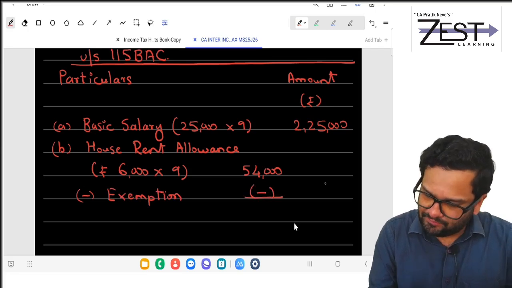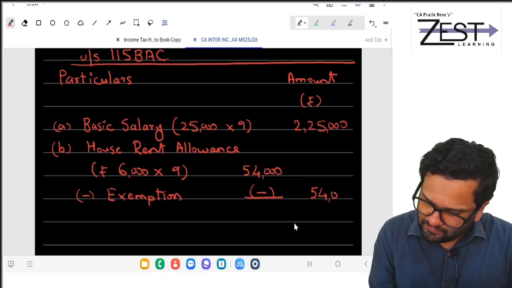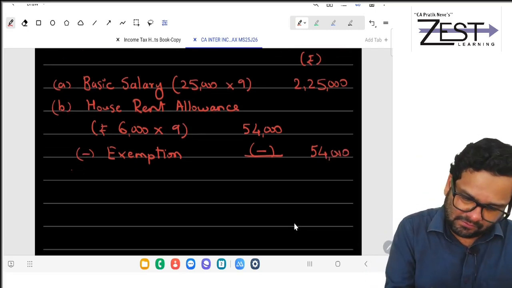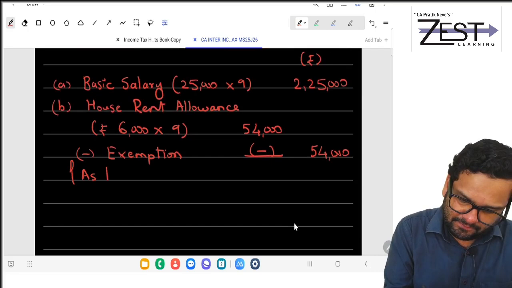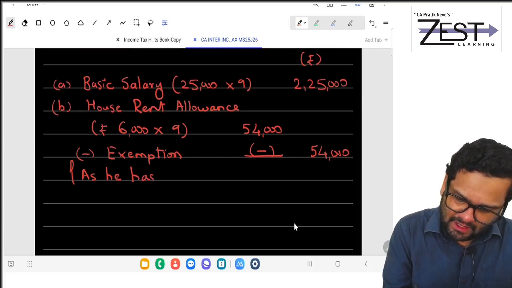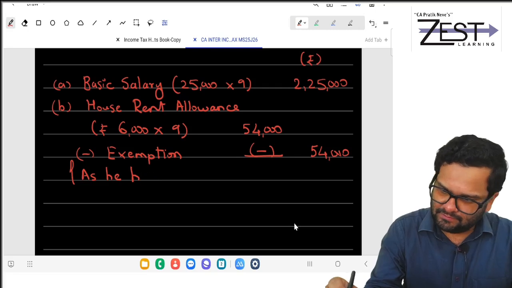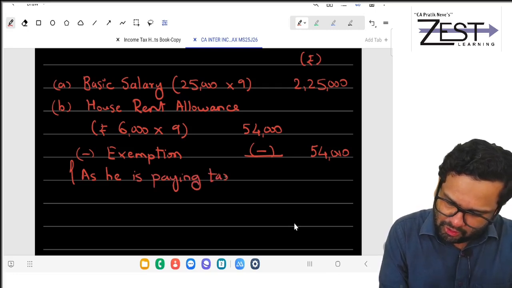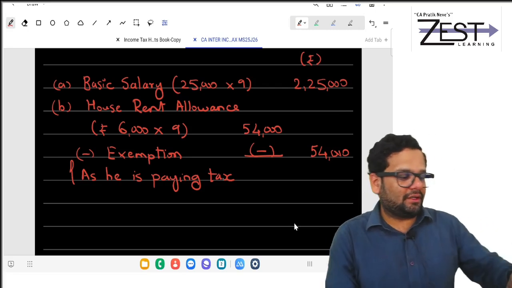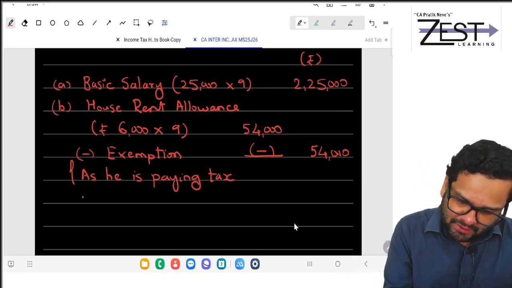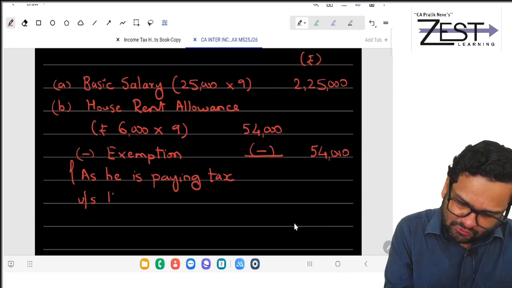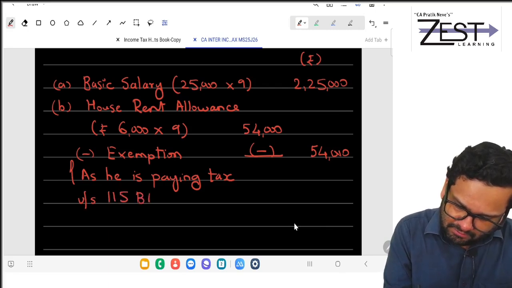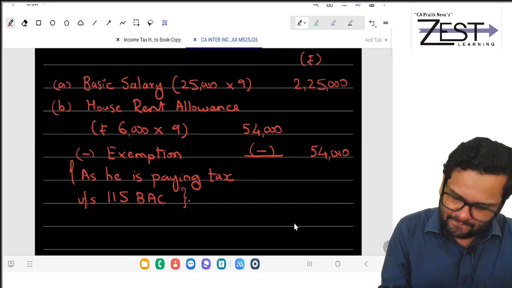Why exemption is nil? As he is paying tax under section 115BAC. I hope all of you got this. No one calculated unnecessarily.